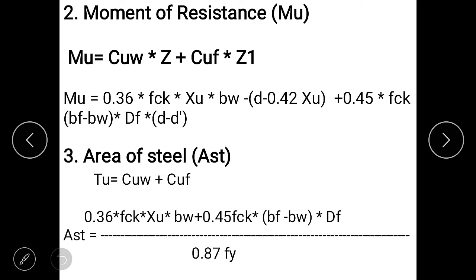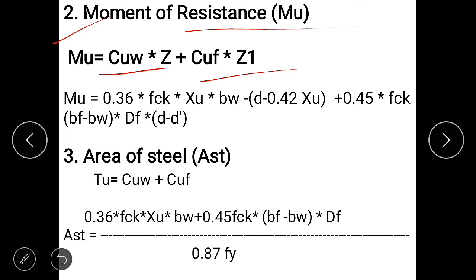Second, the moment of resistance Mu. The formula to calculate moment of resistance is Cuw into Z plus Cuf into Z1. What is Z? The lever arm, the distance between Tu and Cuw. And what is Z1? The distance between Tu and Cuf. Cuw and Cuf are the compressive force in web and the compressive force in flange.